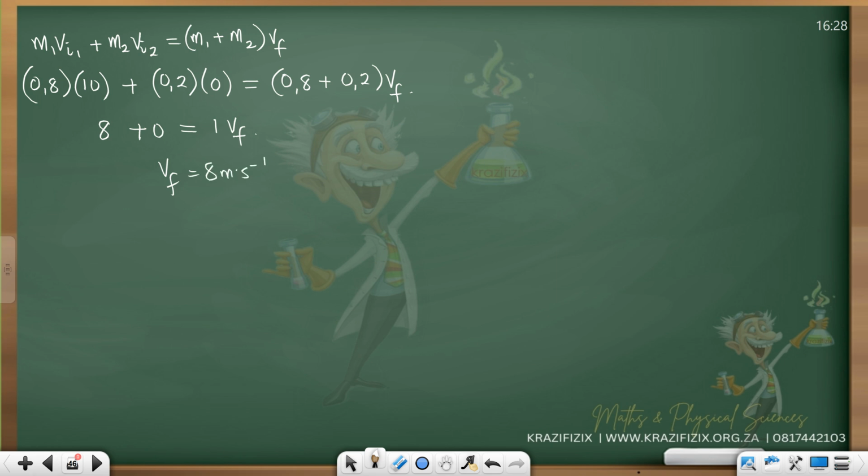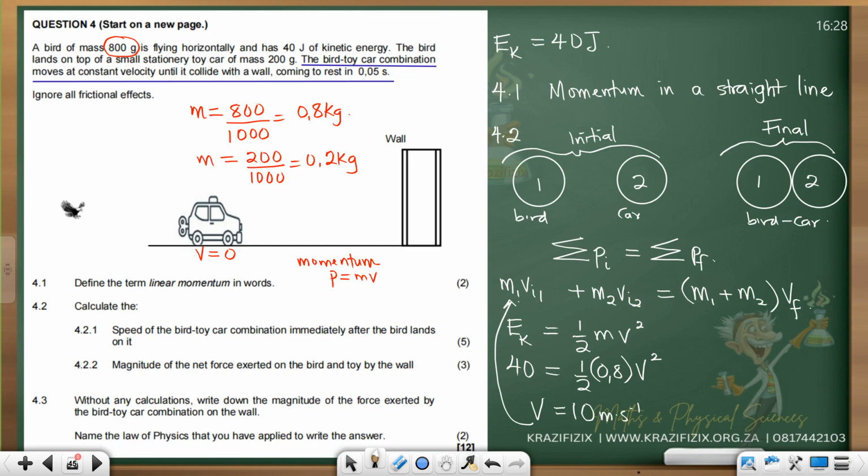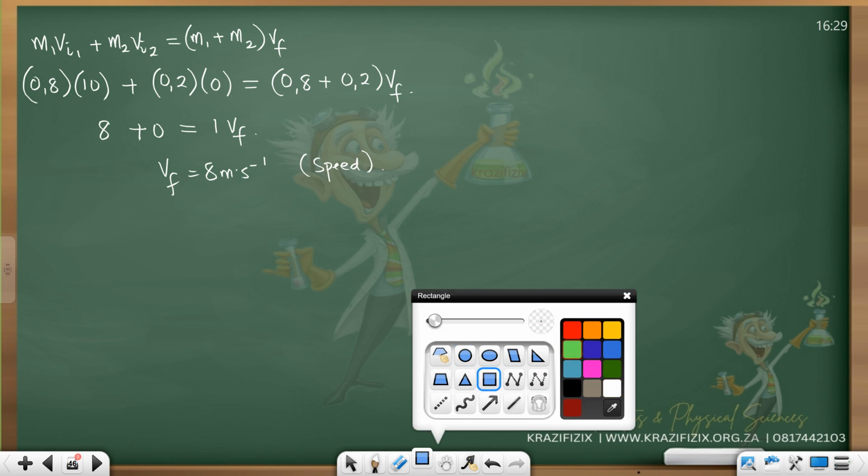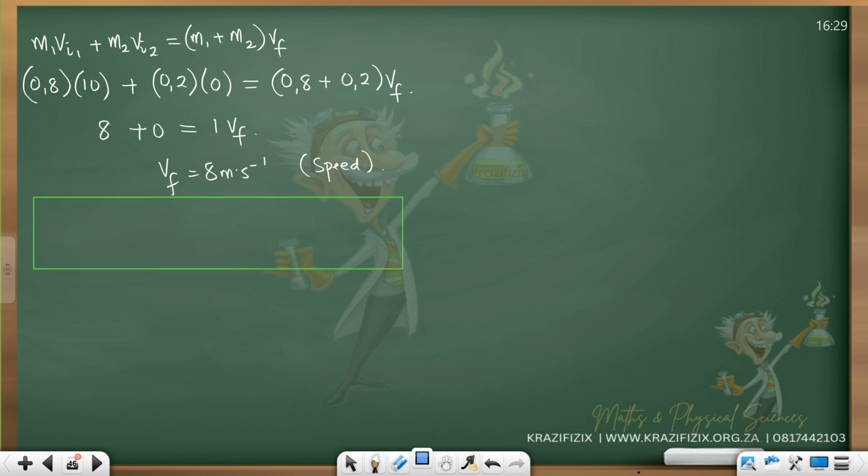Now, go back to the question. Let's check something. What are we looking for? Calculate the speed. So we are fine. Please look at 4.2.1. The examiner wants what? Speed. Now, I'm just going to put this in a block. If the examiner wanted velocity, then my answer would have been, just take note, 8 meters per second in the direction of motion or towards the wall.